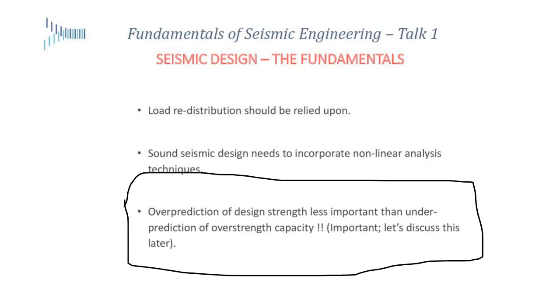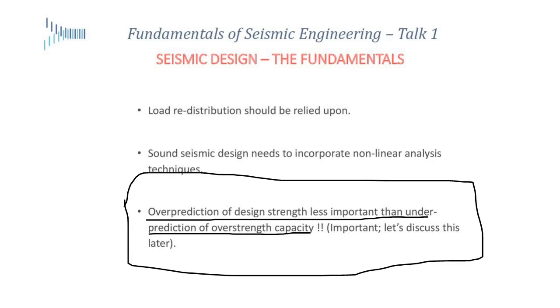In gravity, it's very important. What is very important in a seismic environment is what people have described as overprediction of design strength being less important than underprediction of overstrength capacity.